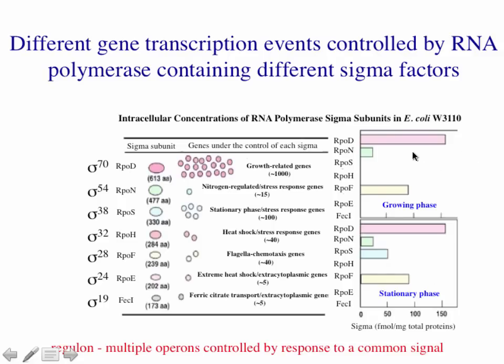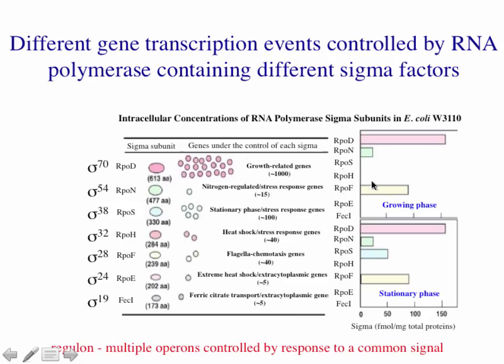What you can appreciate is that there are a lot of genes binding to sigma factor 70, both in the growing phase and in stationary. Sigma factor 54 is there, some genes can be bound, and sigma factor 28 is also present.